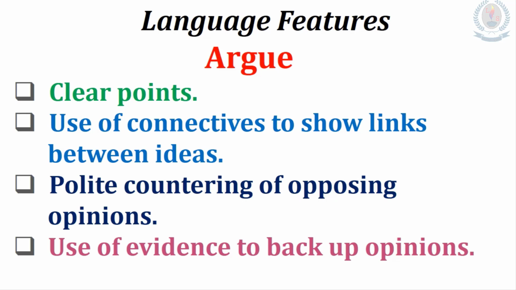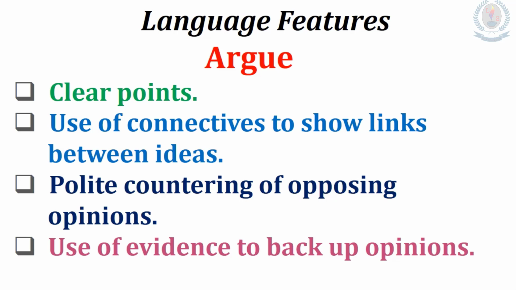The third point is polite countering of opposing opinions. By the time you are going to write or talk about opposing opinions, there also you have to be very polite. That is one of the main points of writing to argue, right?